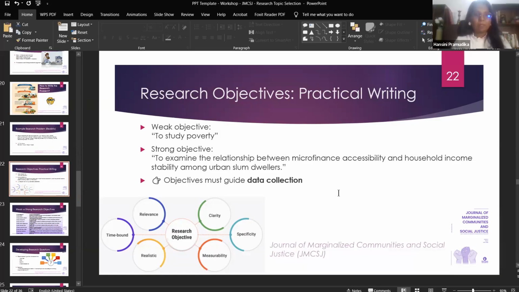And also time bound. If you are going to do academic research, there is a time limitation because you have to complete your degree, your master's, or your PhD. So there is a time bound. Anyway, you are going to publish a paper. Let's say you have already done the literature review part, because you are going to publish this particular research by the end of this year, 2026.